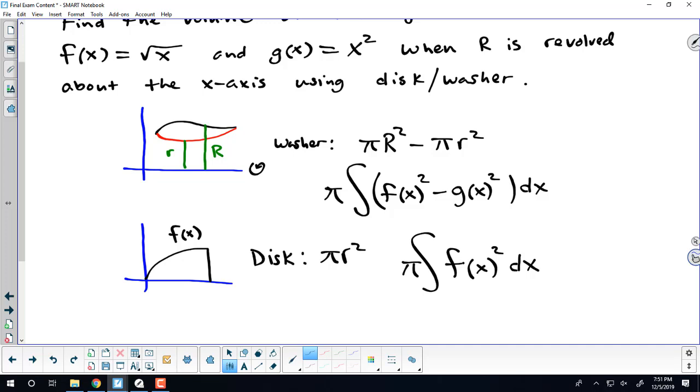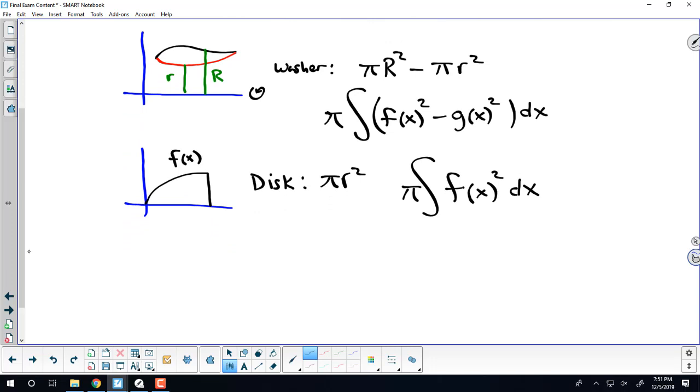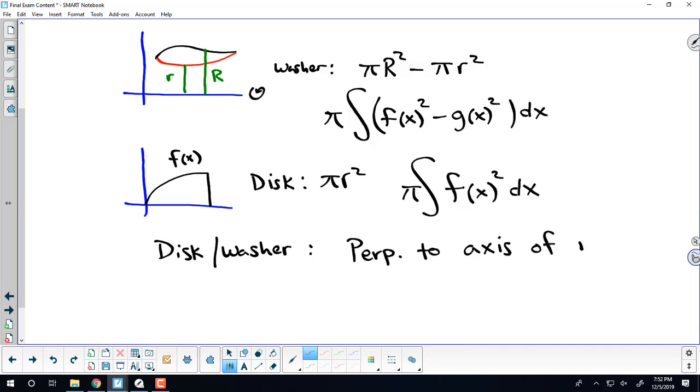And other stuff too, like from our work in this arena, we said that the disk/washer rectangles or elements, our slices, whatever you call those things, are always perpendicular to the axis of revolution.